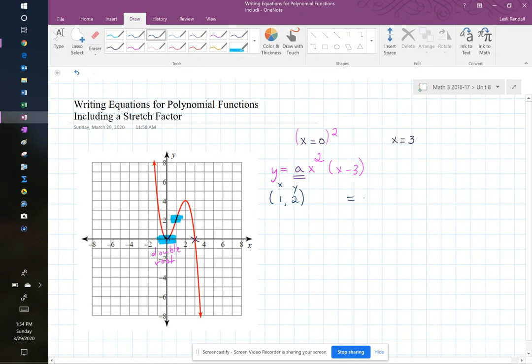Wherever I have an x, I'm going to put a 1, and wherever I have a y, I'm going to put a 2. So our y value is 2, our x value is 1. And now we end up with this baby equation.